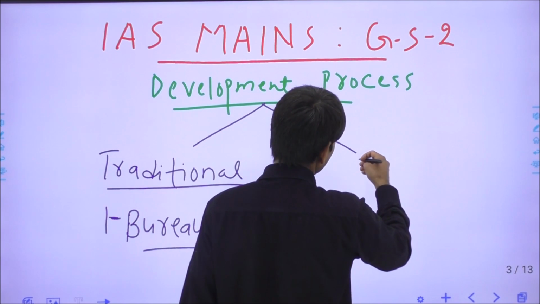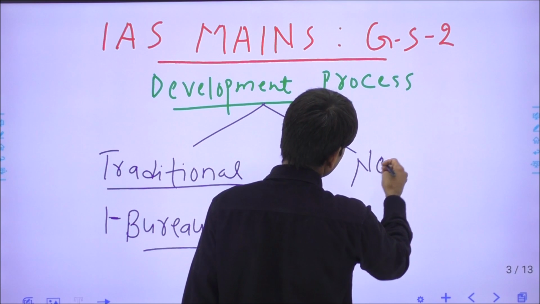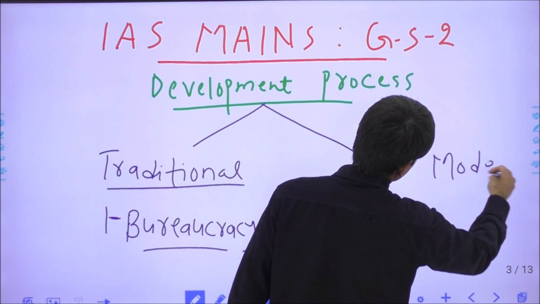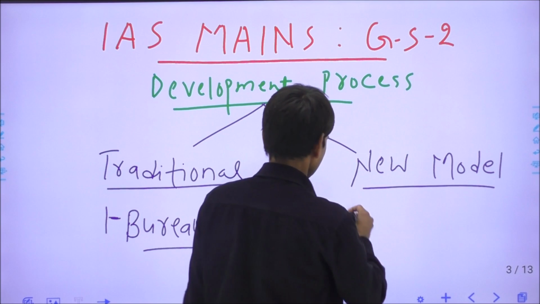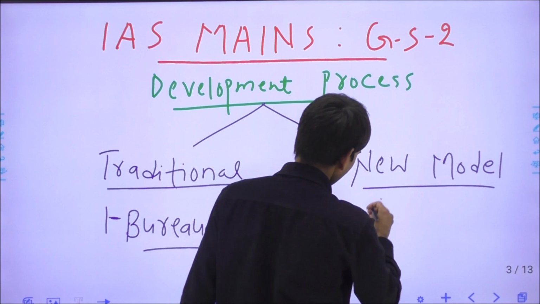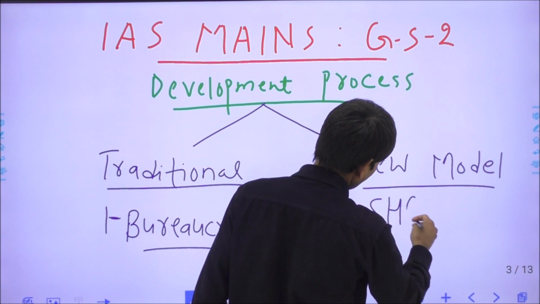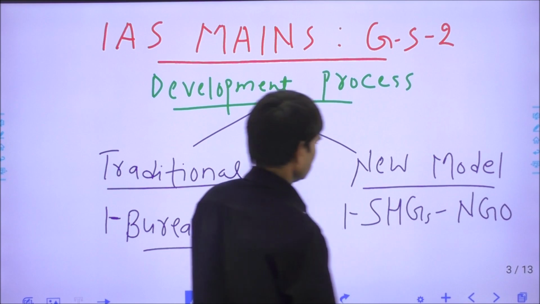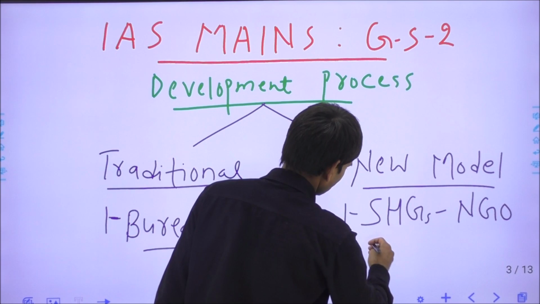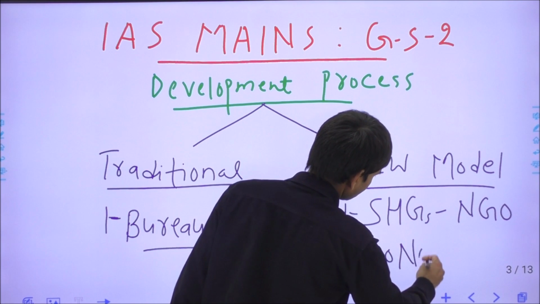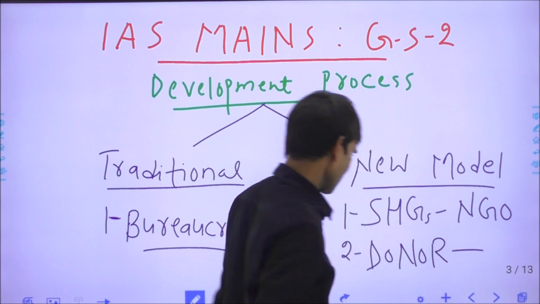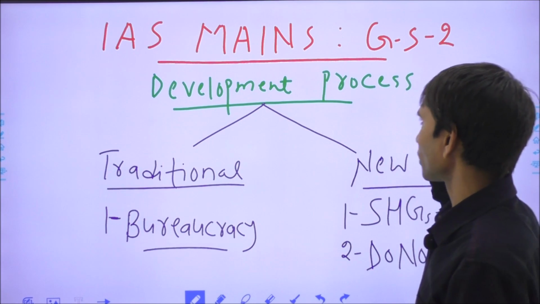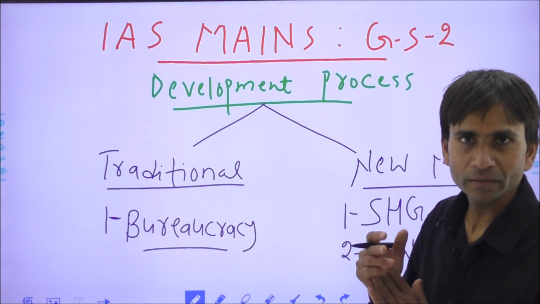Second is the new models. The model covers the role of SHGs, self-help groups, NGOs, civil society, donor agencies and charity organizations. Then this is our topic, a very important topic.